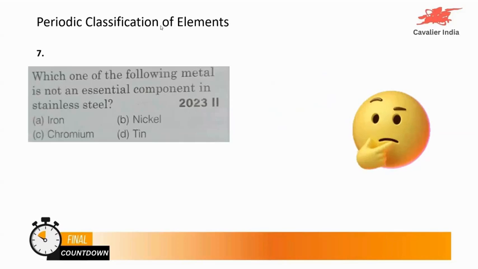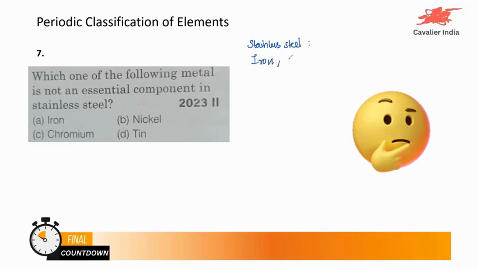And steel contains a non-metal, right? And which one of the following metals is not an essential component in stainless steel? So what are the components present in stainless steel? Iron, okay.